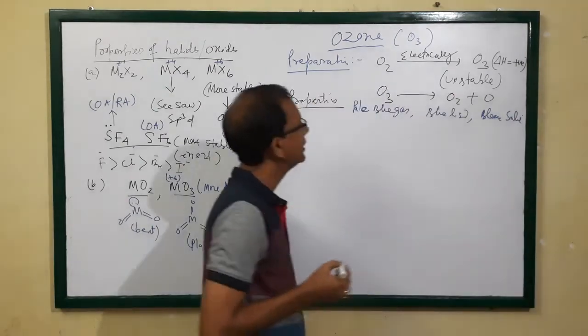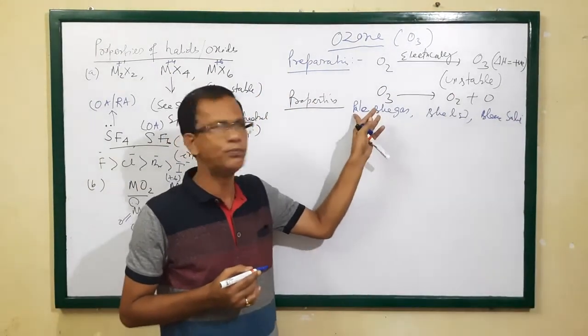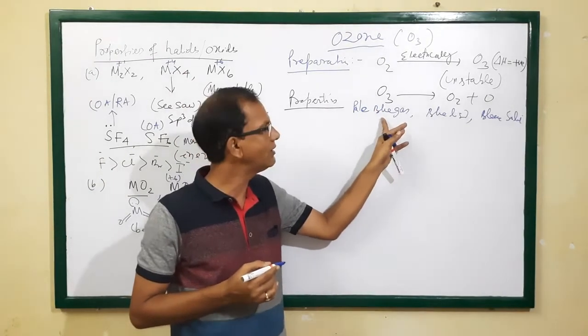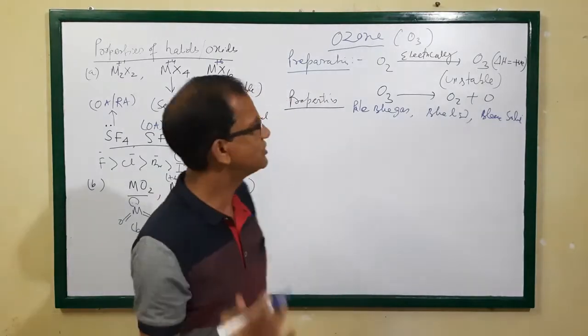That means if ozone is taken in gaseous form, its color is pale blue, and it is a blue liquid and black solid if you change the states.